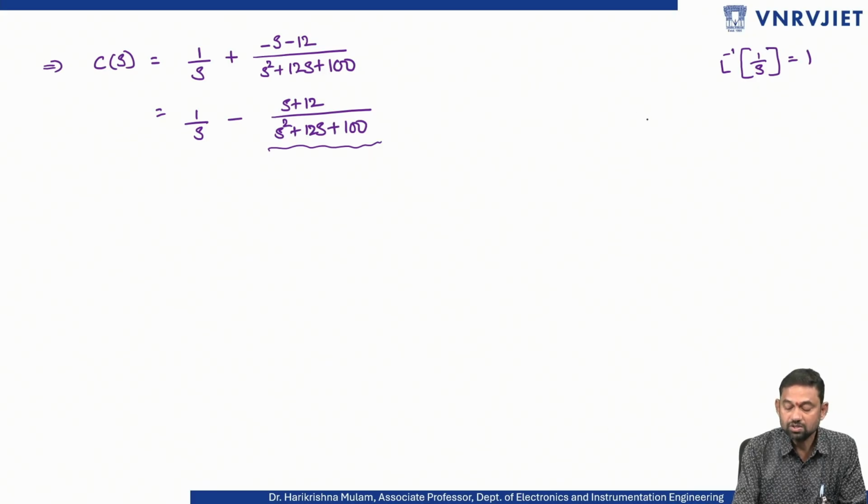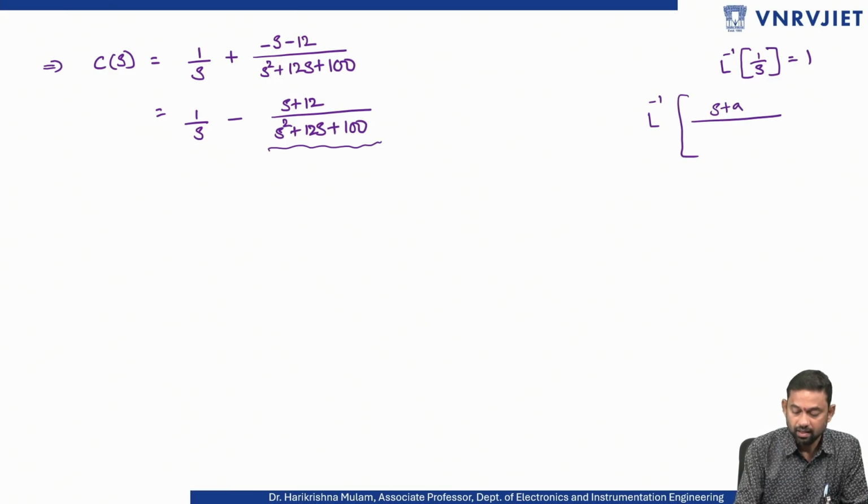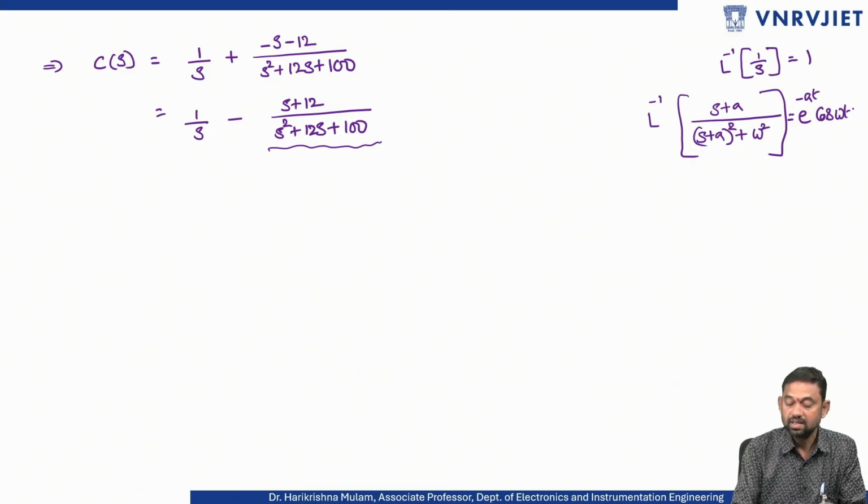Such formulas are: inverse Laplace transform of s plus a by s plus a whole square plus omega square is equal to e power minus at cos omega t.